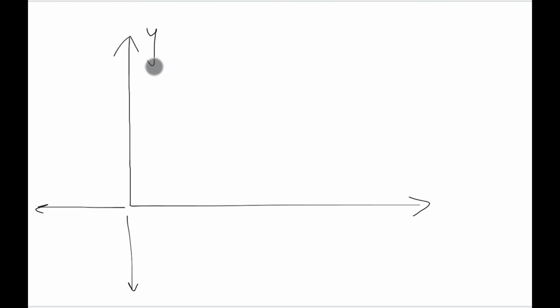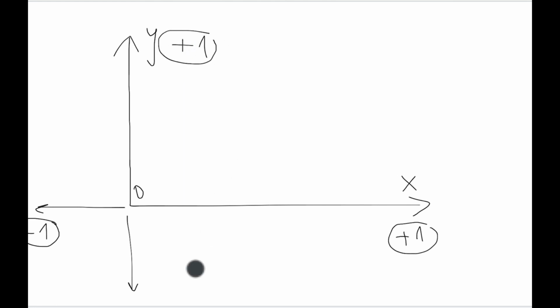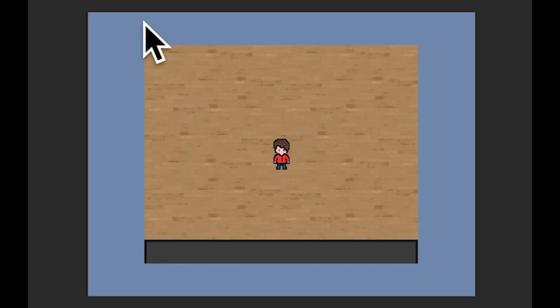This is the Y and this is the X direction. X positive, so let's say this is +1. We have 0 for Y and X, and we have -1 for the X axis, and +1 for Y and -1 for Y. We see we have a similar setup: up and down, left and right, but we don't go into the Z direction at the moment because we're making a 2D game.